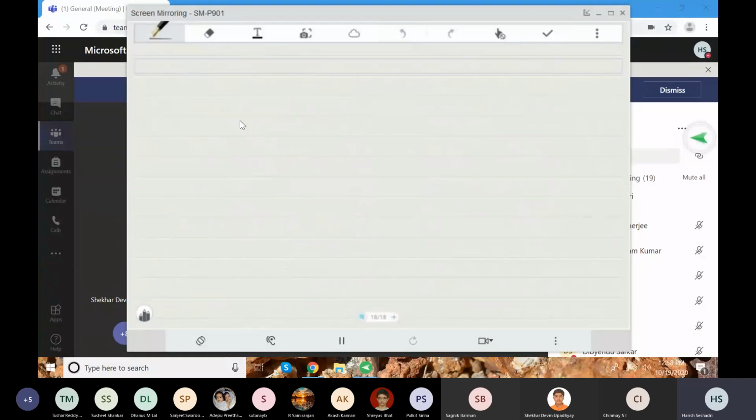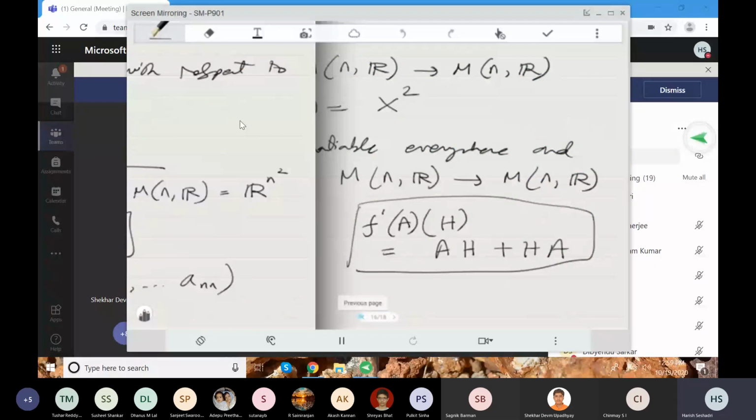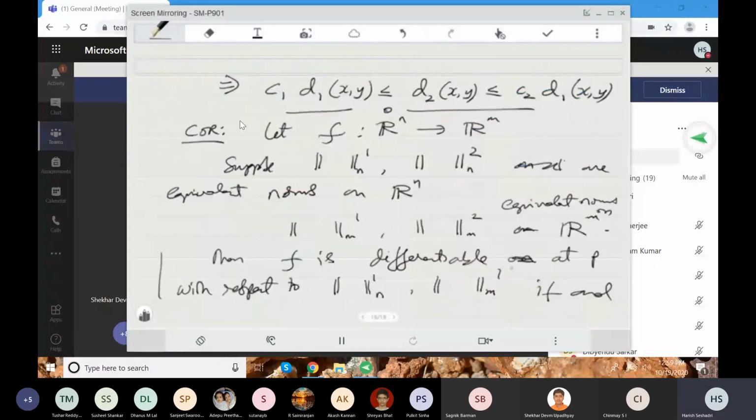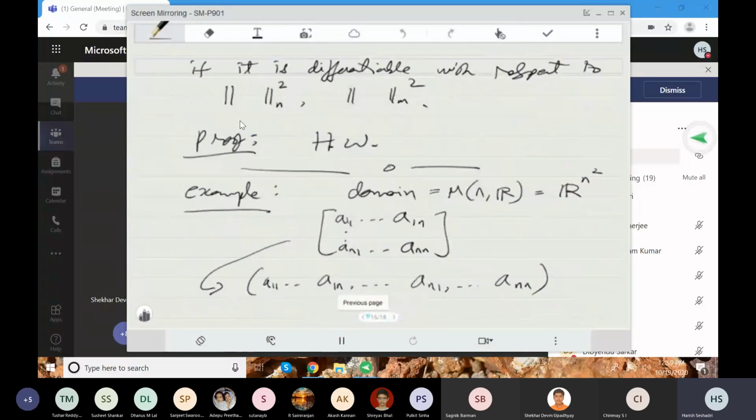Actually, I should add one more small remark here. In this corollary, I said f is differentiable with respect to one pair of norms if and only if it's differentiable with respect to another pair. The remark I have to add is that not only is it differentiable, I'll get the same derivative as well.